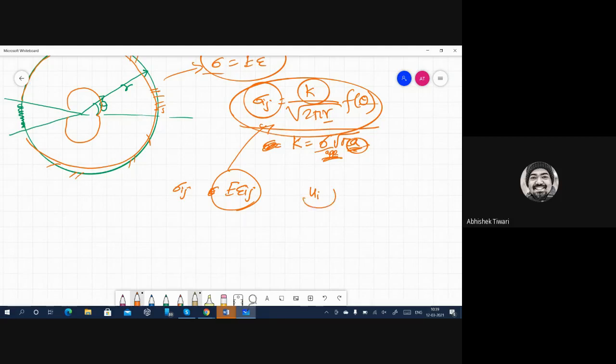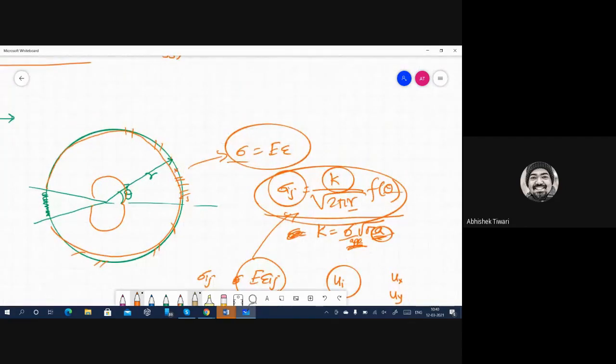Displacement will be a vector which I can calculate from this. Because I'm modeling only 2 dimensions, I would know how much ux I have to apply and how much uy I have to apply at each point on the boundary.